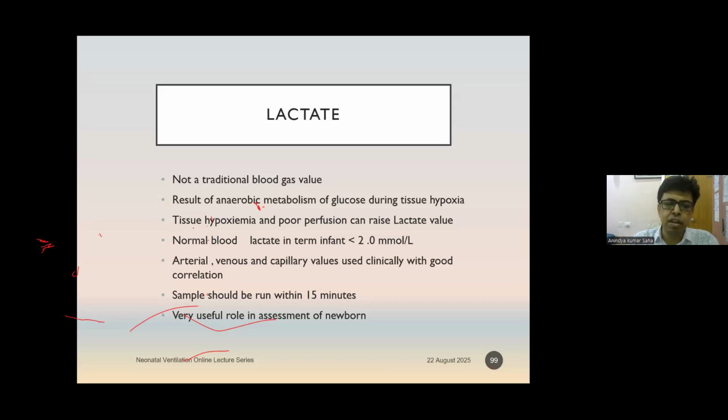Most of the cases nowadays machines are giving lactate values, and if the blood is free flowing, not a squeezed sample, those lactate values are more or less reliable. But another thing is very important, the sample should be run within 50 minutes of sampling, otherwise the lactate values will erroneously increase. So it is very useful in assessment of perfusion status of newborn.